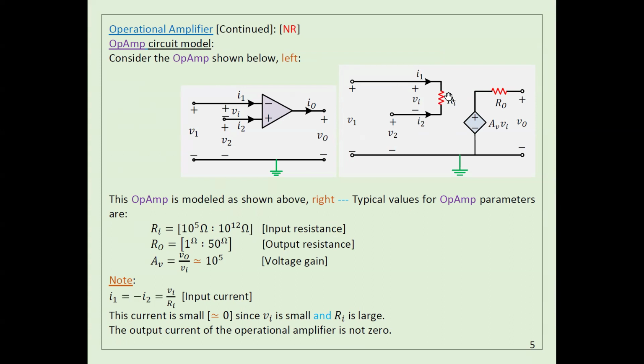Because we assume this is infinity, this current is equal to 0, and this current is equal to 0. In all my analysis in this chapter, I assume the input currents are zero. In reality, they are not zero, but they are very close to zero. And because the current here is 0, these two voltages should be equal. So this is the ideal model. That's what we use.